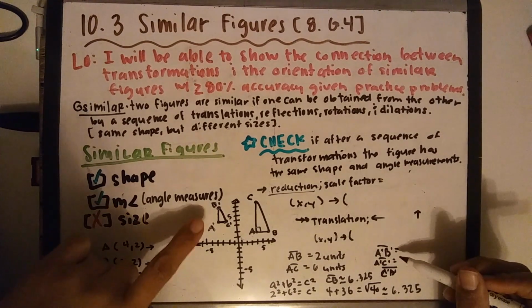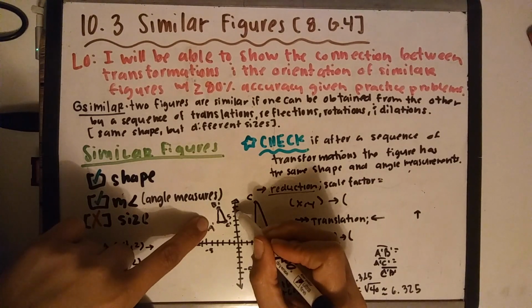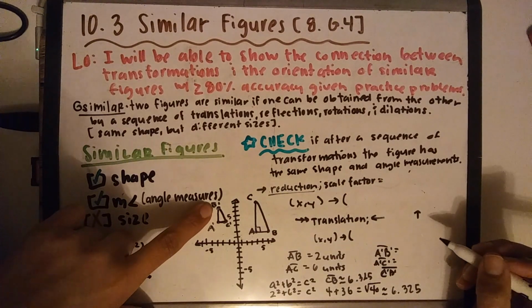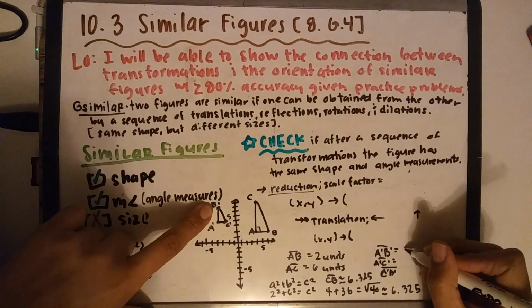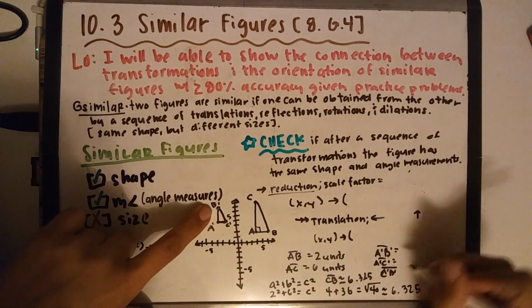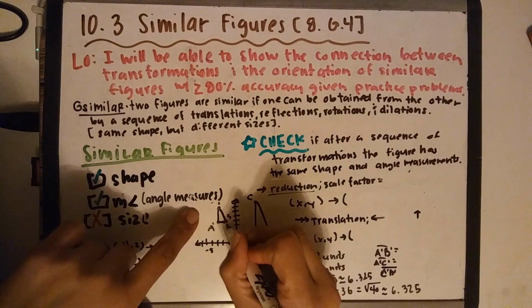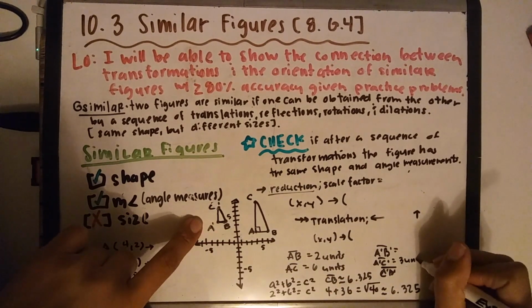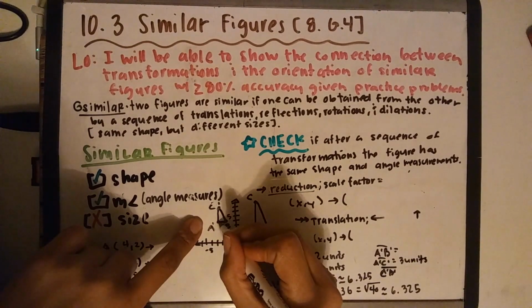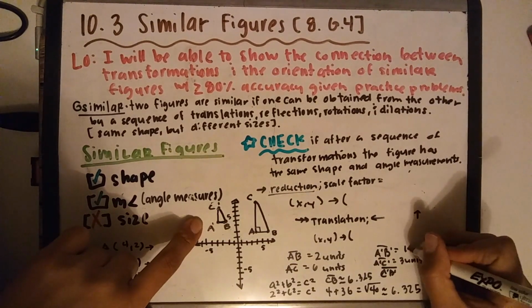So A prime B prime is 1, 2, 3 units. Oops, I did this wrong. That's AC, so that's 3 units. And then this is 1 unit.